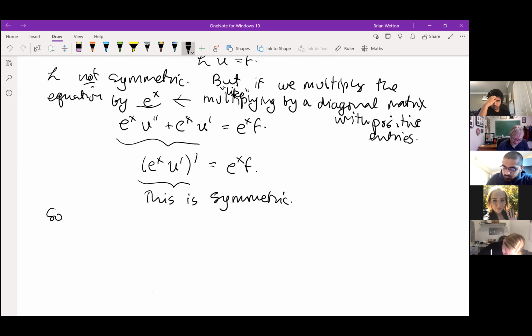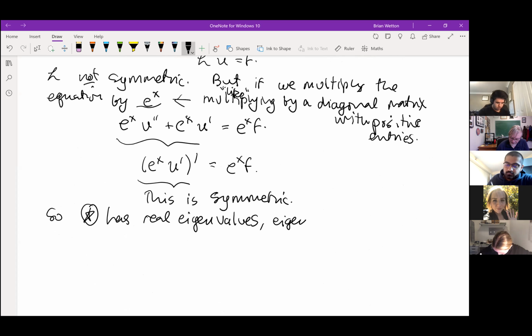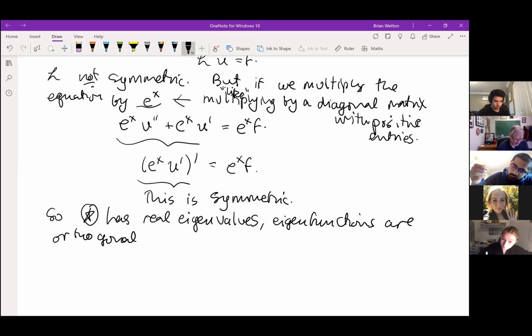That problem now has real eigenvalues, and its eigenfunctions are orthogonal in the weighted inner product.